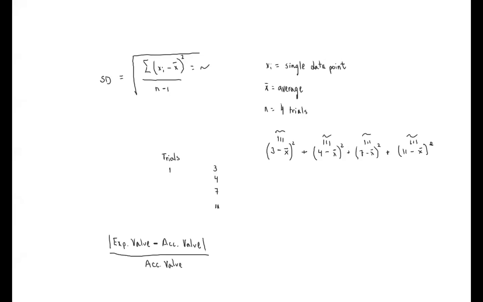All you do is multiply by 100, and that will give you percent error. So this will be important to actually include in your post-lab calculations. So keep this in mind. This will be very important, and you'll use it for a lot of your other labs as well.